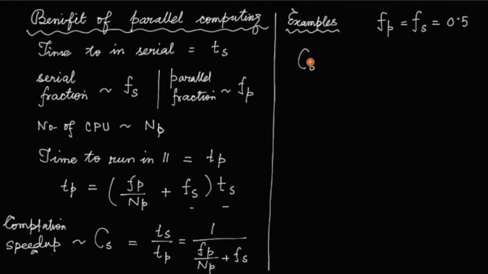CS is 1 by, so 0.5 is in both cases, so I can just write 2 by 1 plus 1 by NP. Is this fine? Both FP and FS are 0.5, so I have 1 by 0.5, which is 2, and then 1 by NP plus 1.